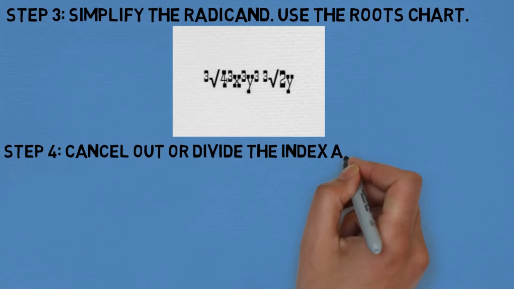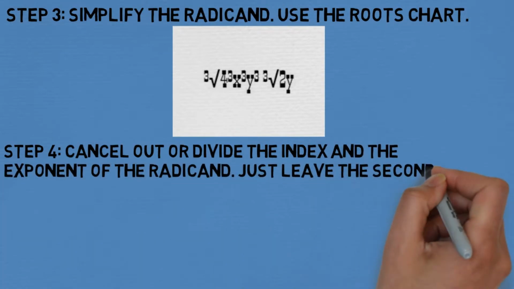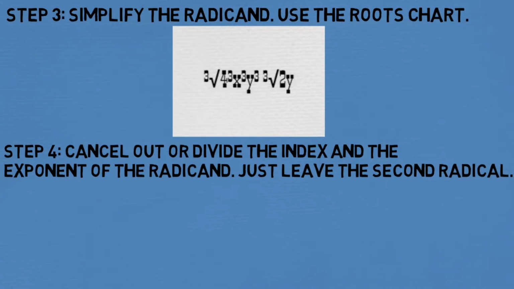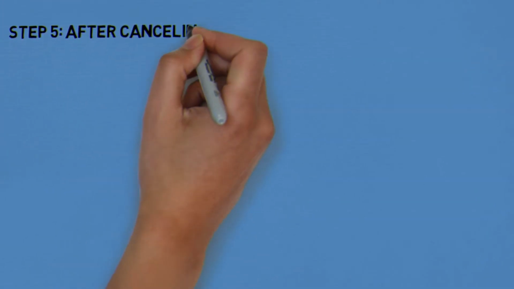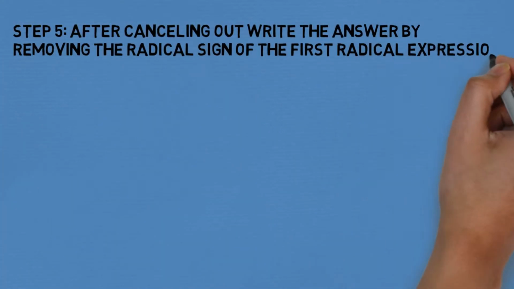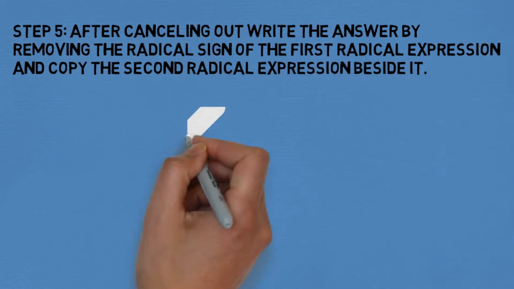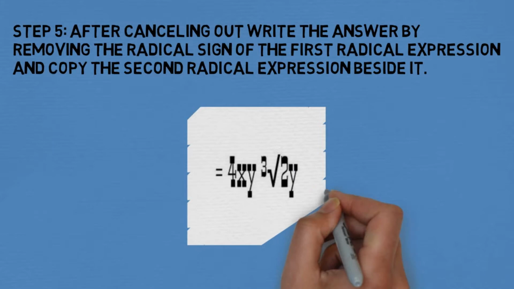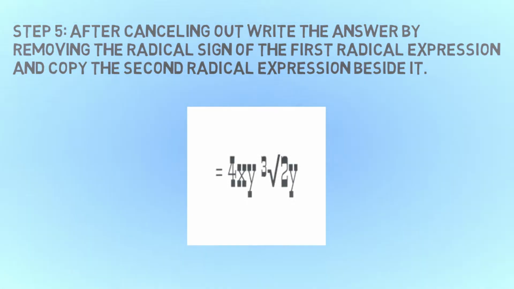Cancel out or divide the index and the exponent of the radicand. Just leave the second radical. All of the exponents of the expression will be cancelled out since they're equal to the index. After cancelling out, write the answer by removing the radical sign of the first radical expression and copy the second radical expression beside it, or xy cube root of 2y.